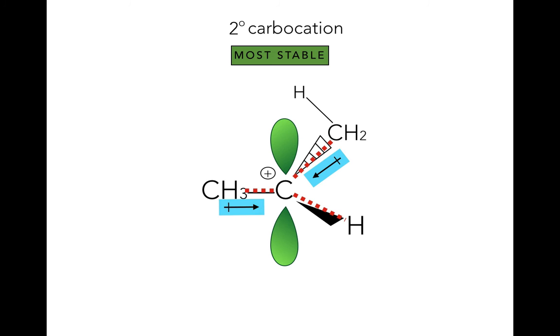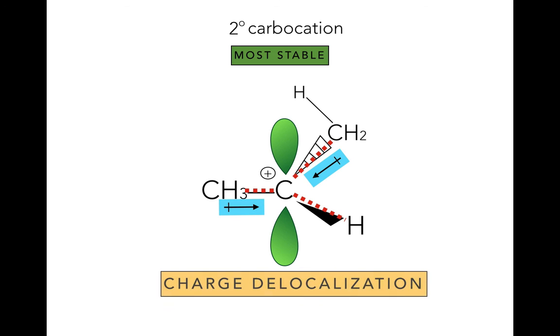Hyperconjugation also applies here. You have 2 methyl groups surrounding my middle carbon, and all of those CH sigma bonds, that negative charge, is being distributed to my empty orbital, causing it to stabilize and relax a little bit. So charge delocalization is occurring here as well.